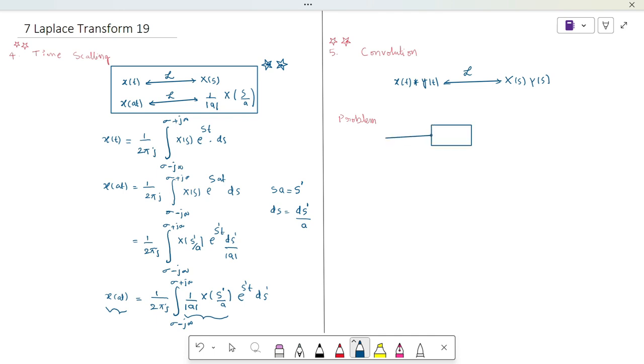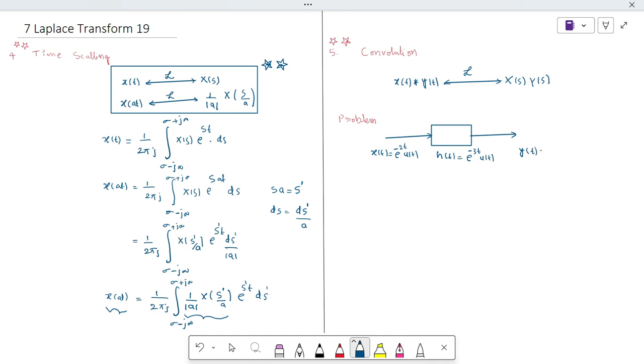Its impulse response in time domain is h of t equal to e power minus 3t into u of t. And the input is given, x of t equal to e power minus 2t into u of t. Then what is the response? What is the output?